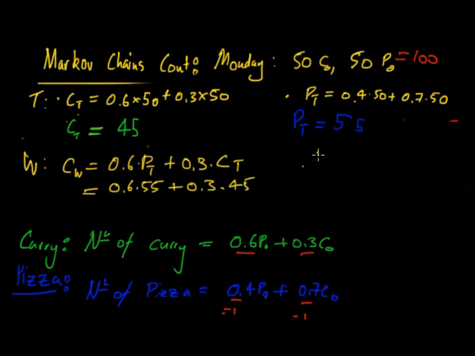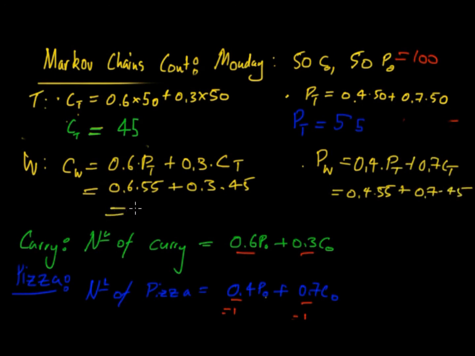And then we can work out pizza on Wednesday is equal to 0.4 times pizza on Tuesday plus 0.7 curry on Tuesday. So that gives us 0.4 times 55 plus 0.7 times the curry on Tuesday, which is 45.